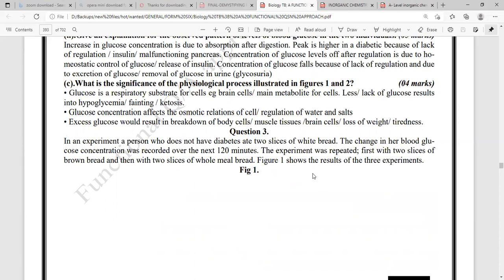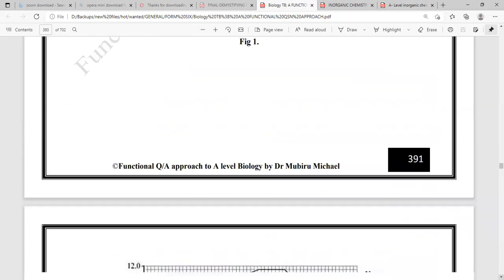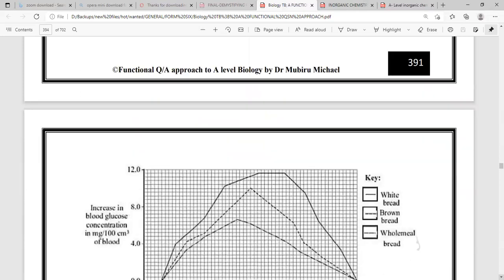The experiment was repeated first with 2 slices of brown bread and then with 2 slices of wholemeal bread. This figure shows the results of the 3 experiments.